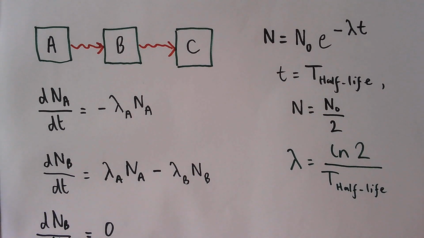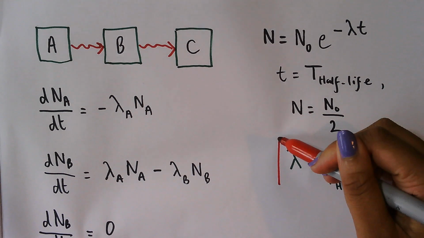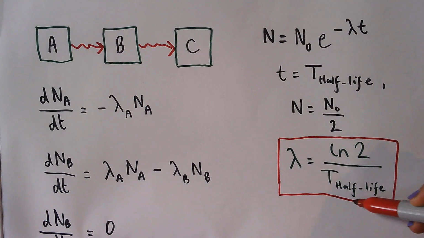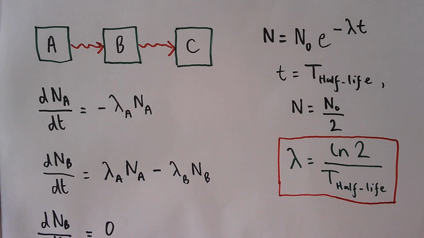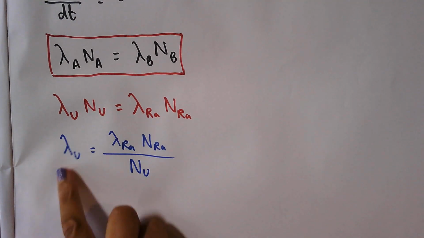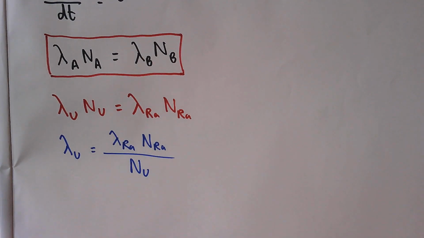And that's the equation we're going to need to use in this question once we have worked out the value of lambda U, the decay constant for uranium.